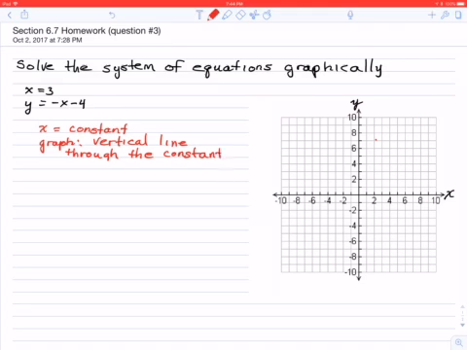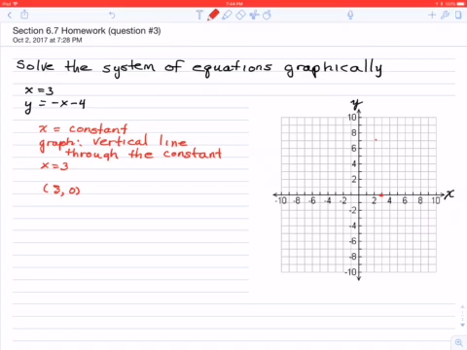So in this case, we have x equals 3. So I'll find 3 on the x-axis. So that's 1 point. When x is 3, y is 0. Now I need a vertical line through 3.